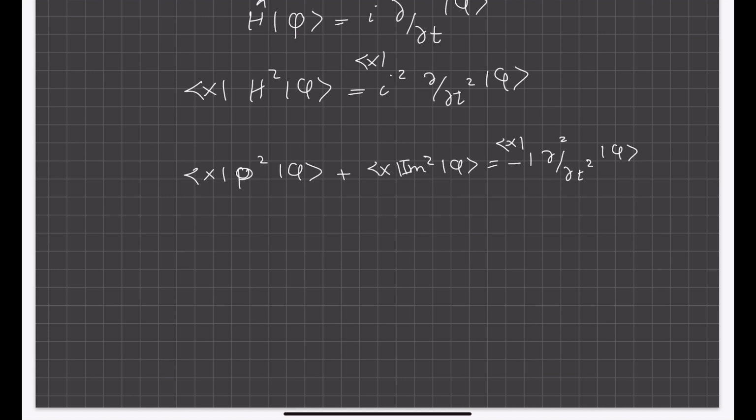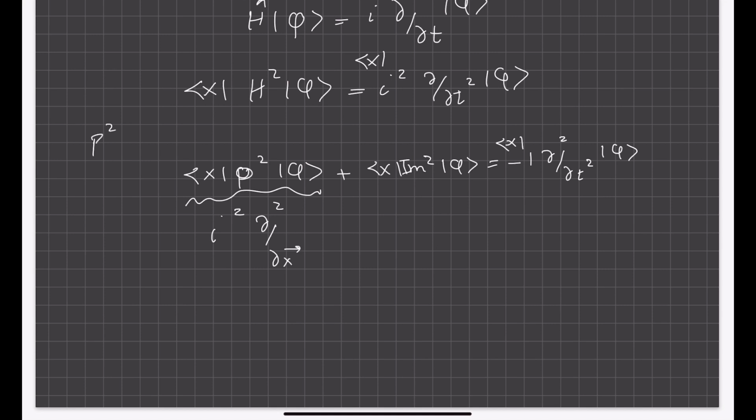From quantum mechanics, we know that if we have a momentum term and project it on x, we end up with something like i squared, because an i comes out from this imaginary number, and then we end up with the second derivative with respect to space.